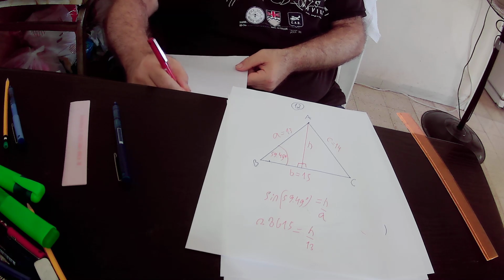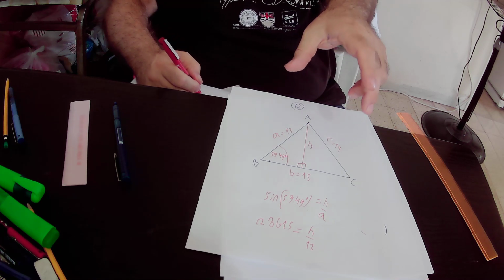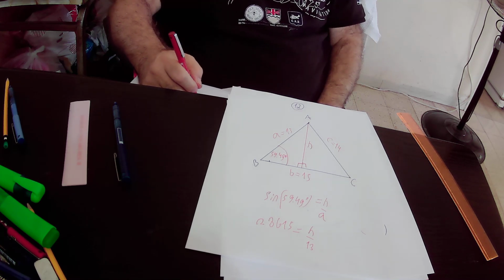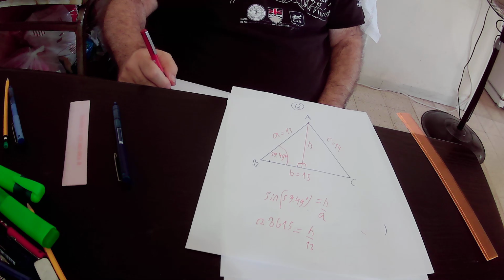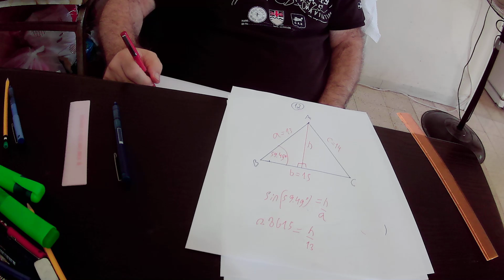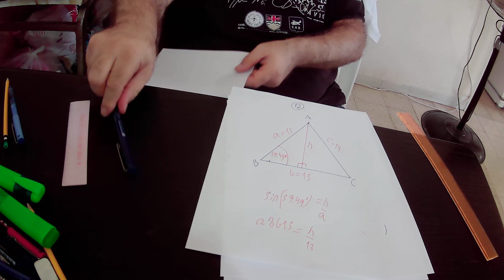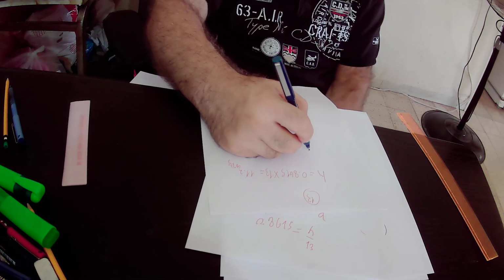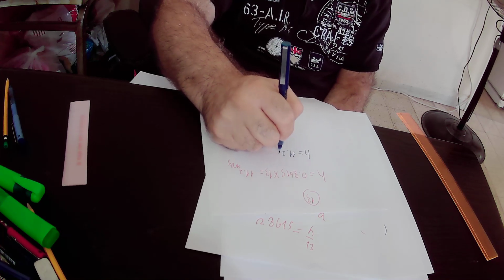Okay, so the height of triangle ABC when the base is 15 units equals 0.8615 times 13, and it is equal to 11.2 units. So we actually found that the height of triangle ABC equals 11.2 units.